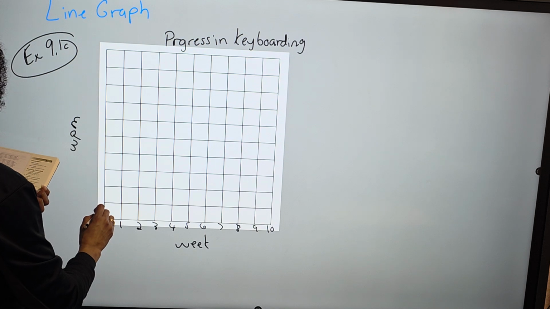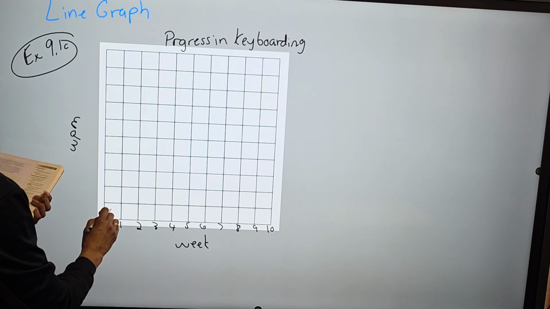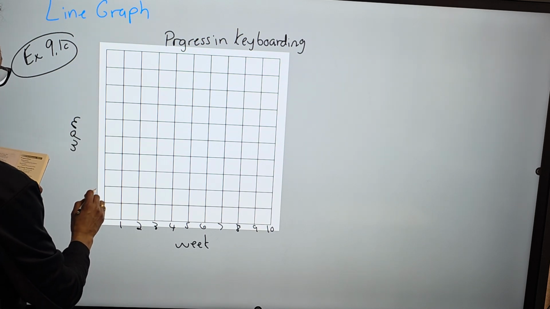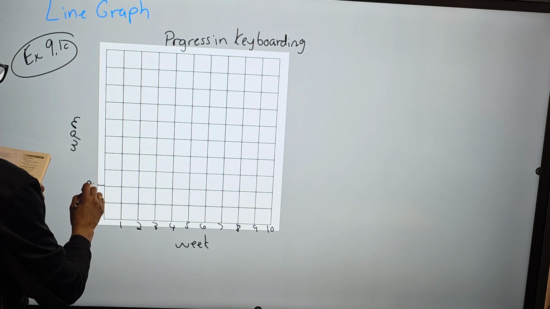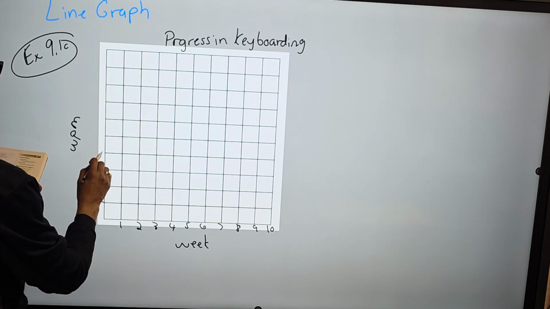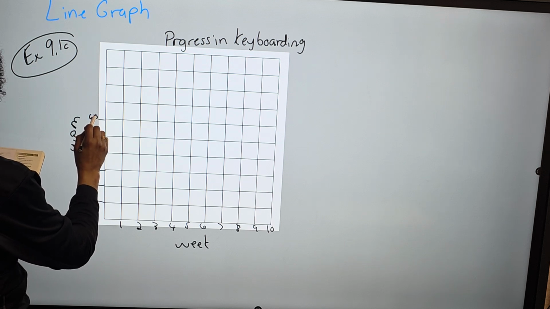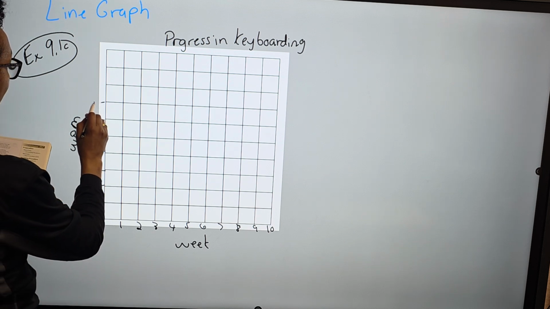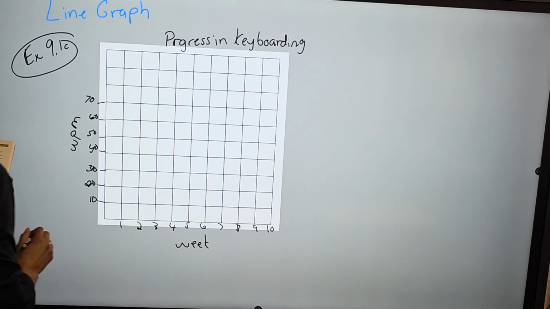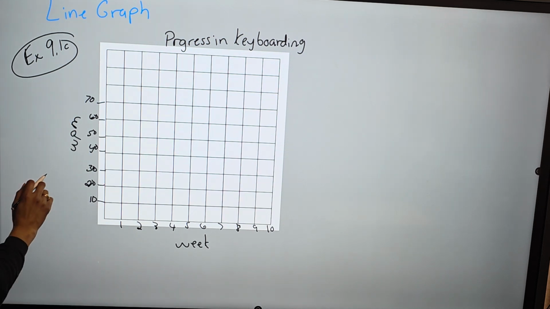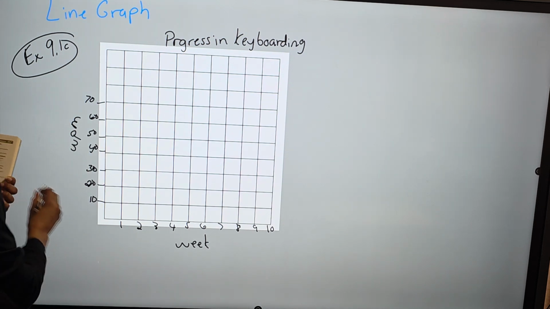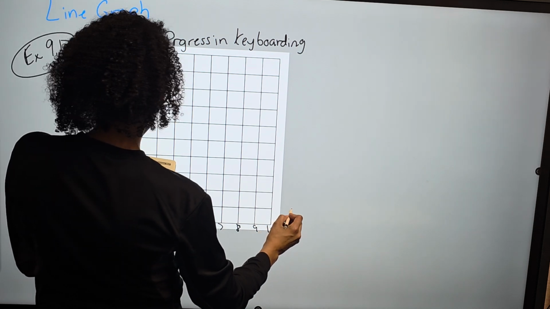And then they're going up by values of 10. So 10, 20, 30, 40, 50, 60. Okay, it's about as high as that one's gonna go. And then we notice on the side that we have a little bit of a legend with the colors.